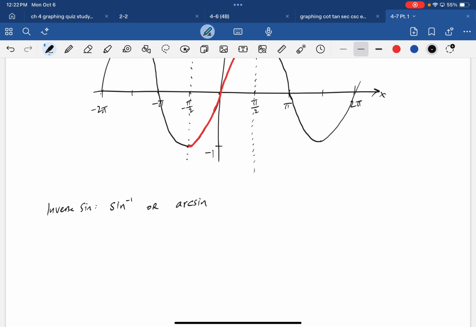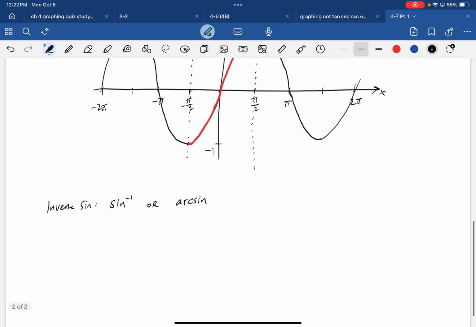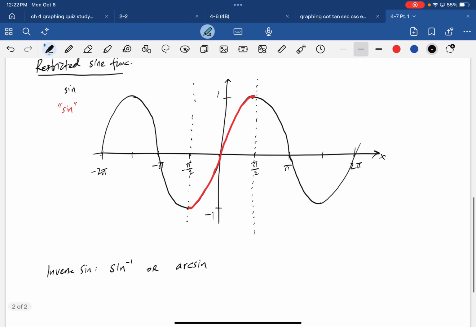Okay? So what's very important is to know the domain and range of the arcsine function. Okay, so what is the domain of our restricted sine function? -pi/2, pi/2. Good. And then the range, please? -1 to 1.